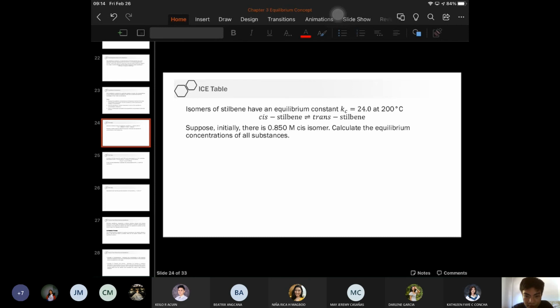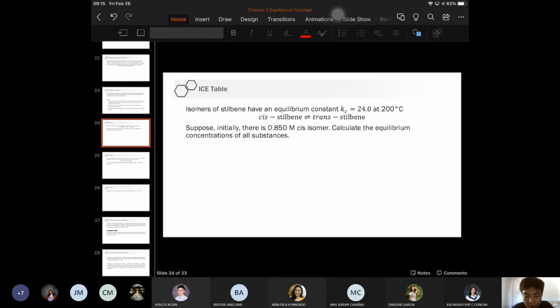Also, you must include the coefficients in your change. Suppose your species has a coefficient equal to 2, then your change will be 2x. If the coefficient is 3, the change will be 3x. If it is 4, then 4x. If you have a coefficient of 1/2, then the change is 1/2 x.